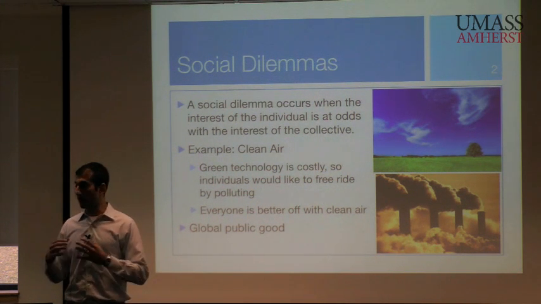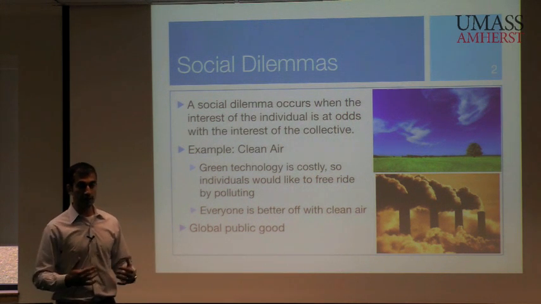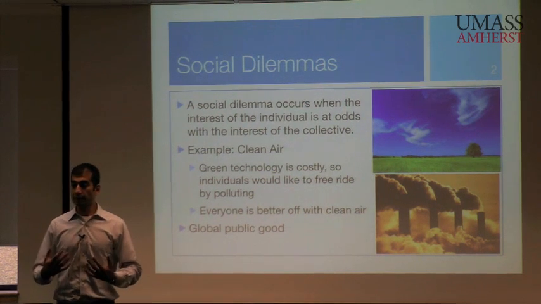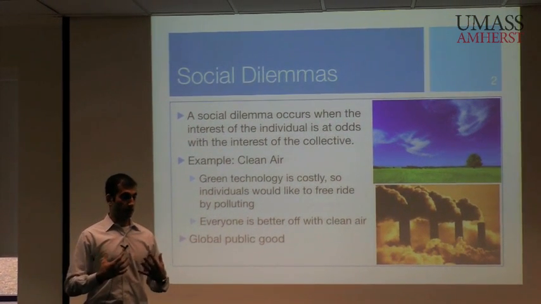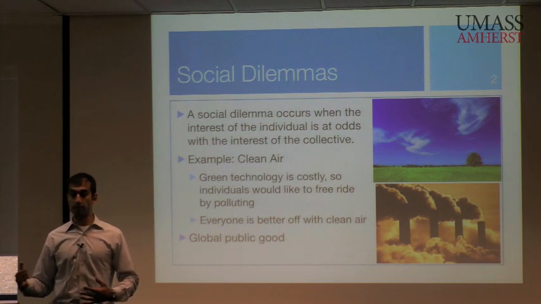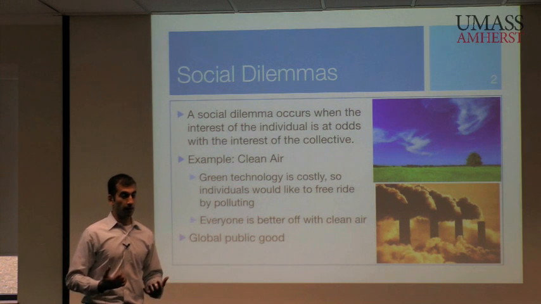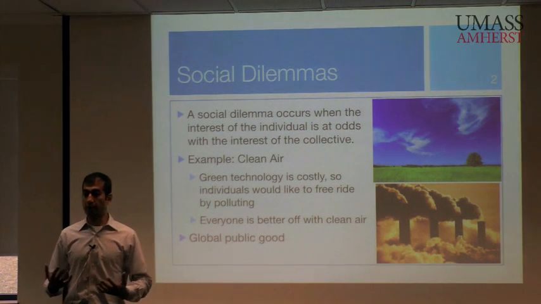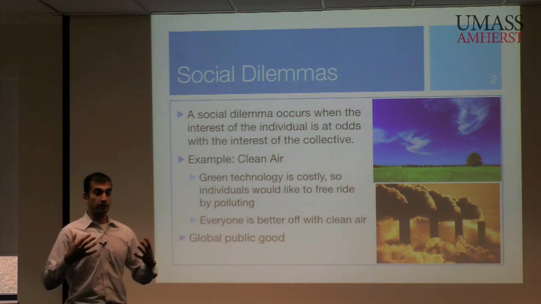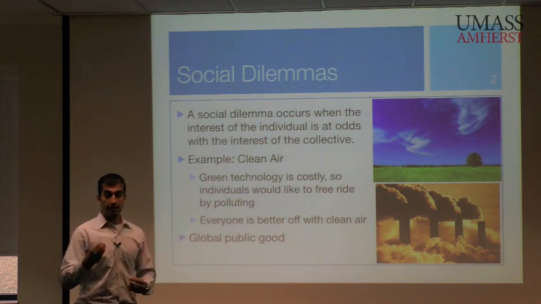The best thing for everyone to do is invest in green technology so we all lower our carbon dioxide emissions and we have clean air. However, the best thing for me to do is to not invest in green technology, and free ride off of everyone else's investments. I get the benefits of clean air and I don't have to pay for it. Clearly, if everyone behaved selfishly like me, we would not have clean air, and that would actually be the worst outcome for society. Hence the dilemma.